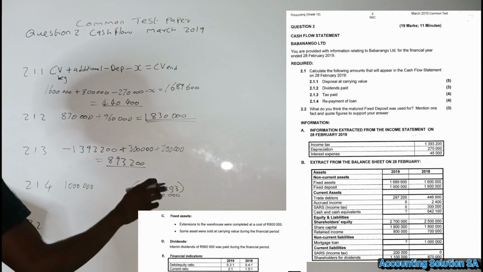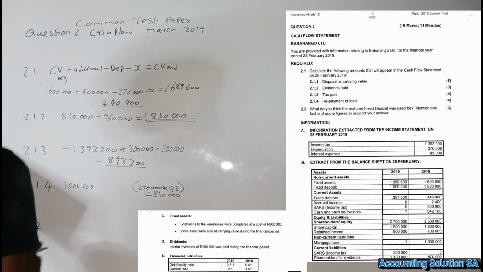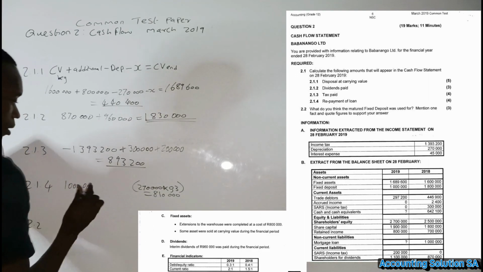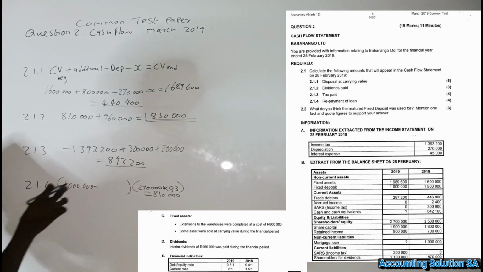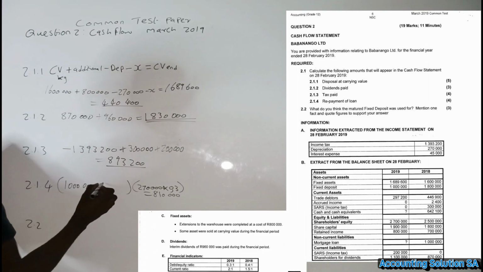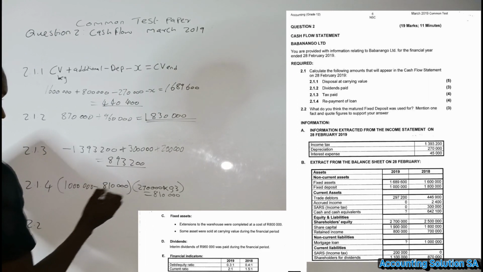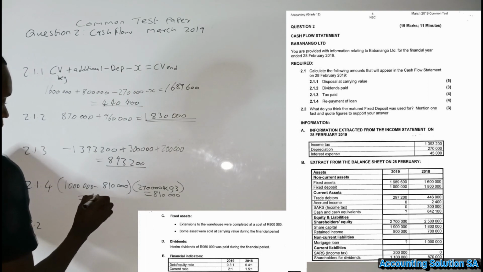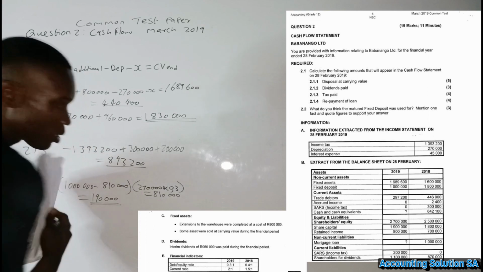Okay, which means that our answer now for the mortgage loan for the year 2019 is 810, which means that we can say 1 million of last year and the balance of 2019 of 810,000 is going to give us a repayment of loan of 190. Why are we calling it repayment?